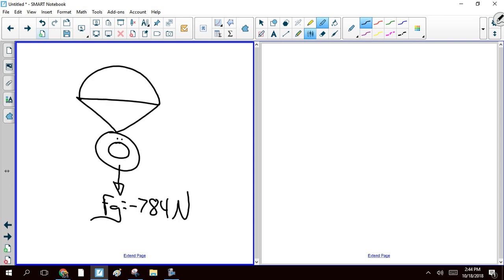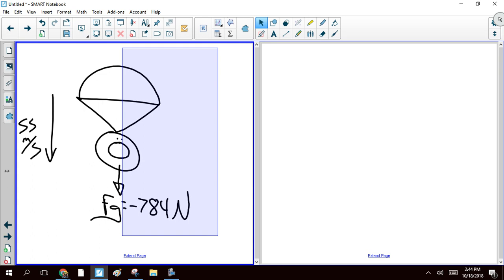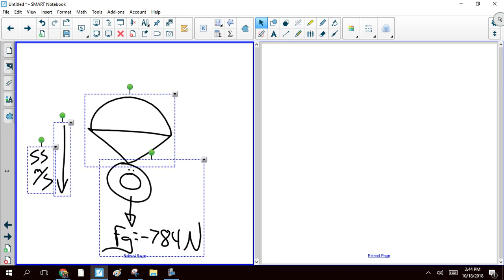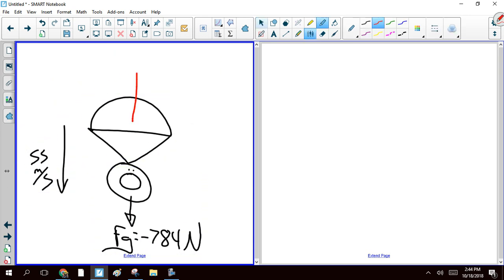And the point is, the parachute is shaped like an umbrella, right? It catches all the air. Right now, he's moving down at 55 meters a second. And because that parachute catches so much air, it produces, poof, a huge amount of air resistance.